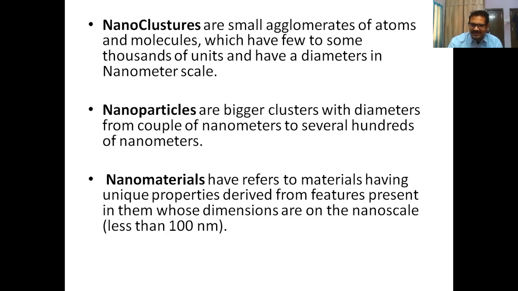So nanomaterials have properties because their dimensions are in the range of 1 nanometer to 100 nanometers. So when nanoparticles are built up to form a material, then they are nanomaterials. Simple.